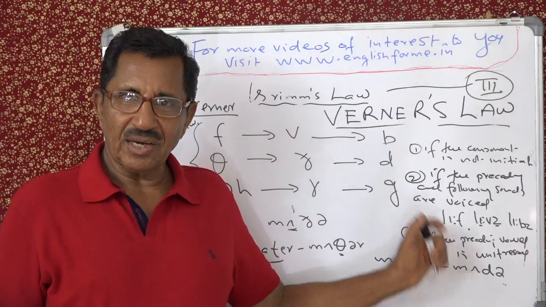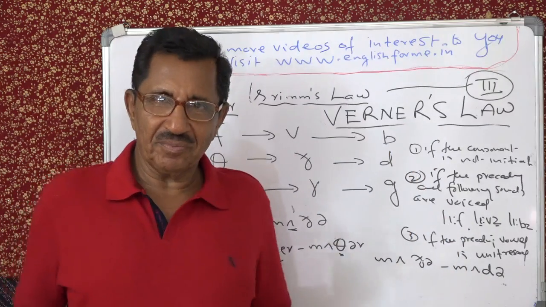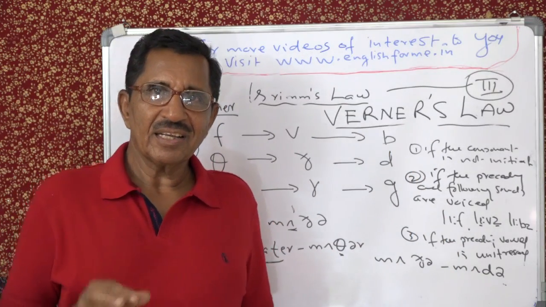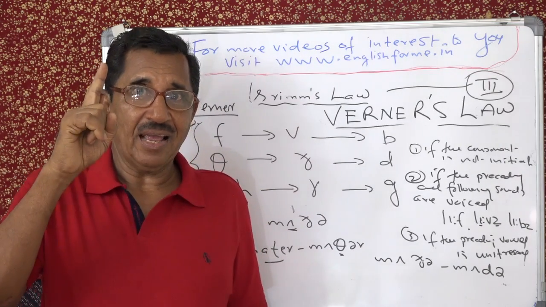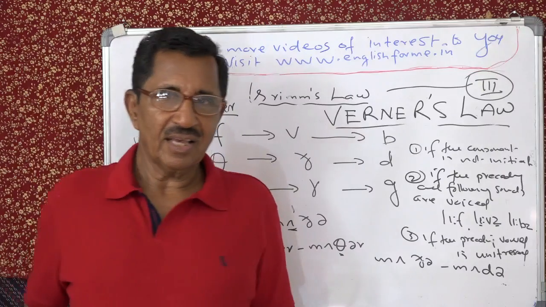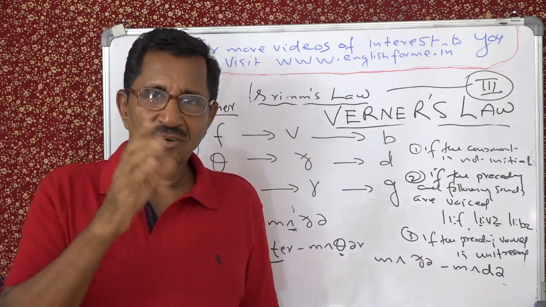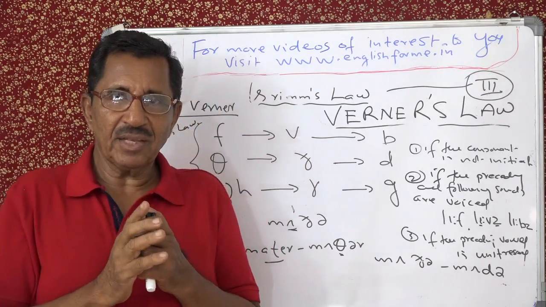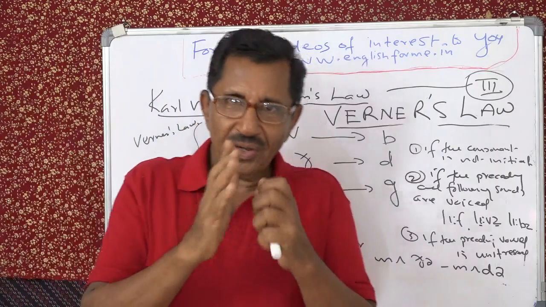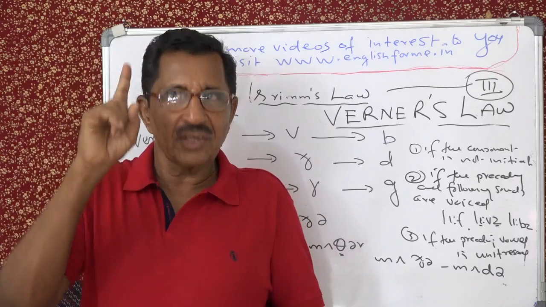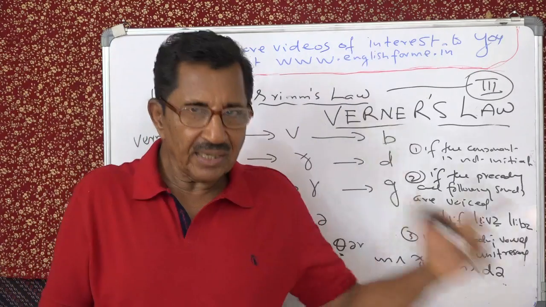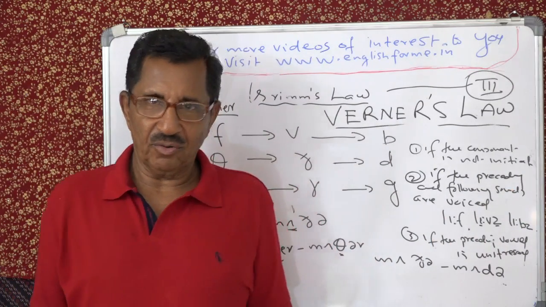Grimm's law and Verner's law both deal with the sound changes in the Indo-European and their branches. Especially here we are trying to find the difference between non-Germanic languages of the Indo-European and Germanic languages of the Indo-European.